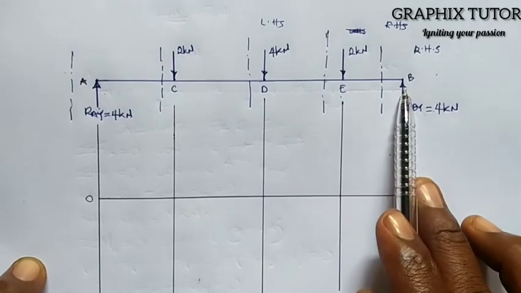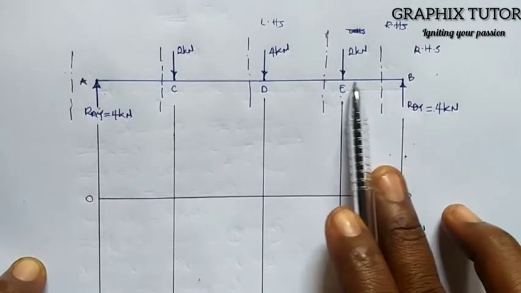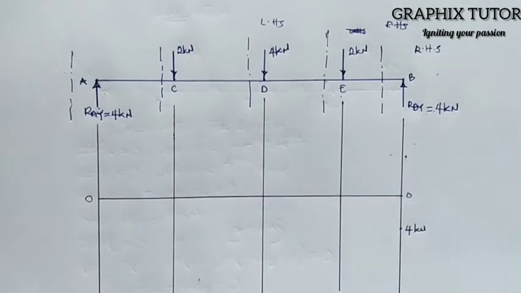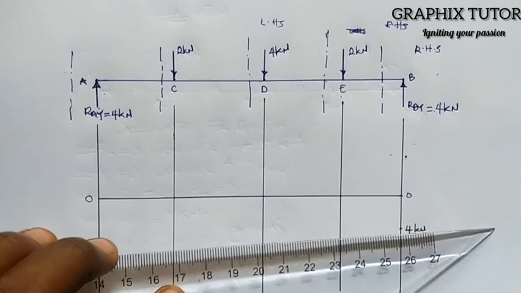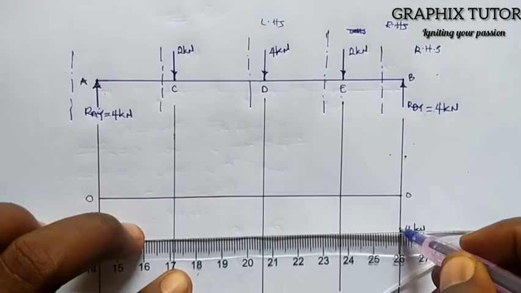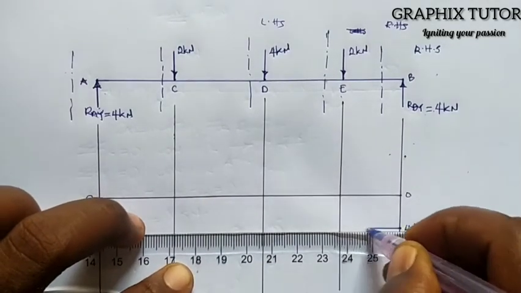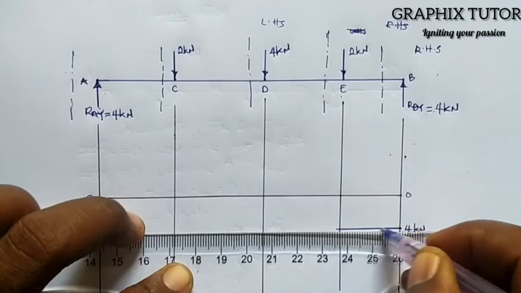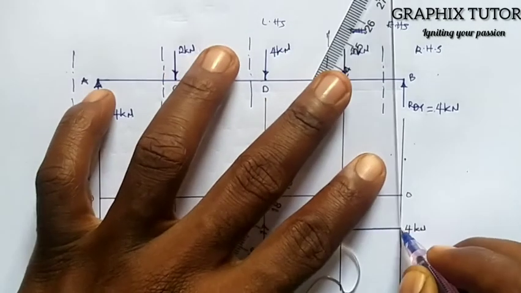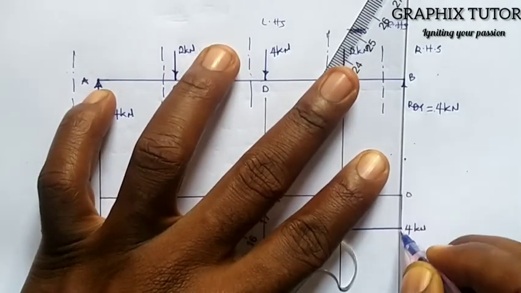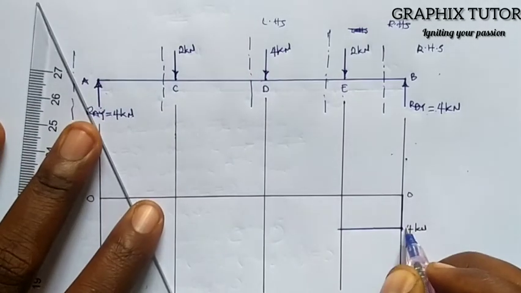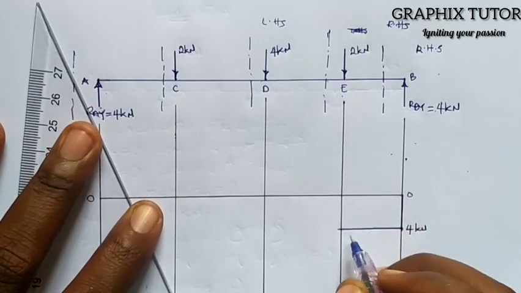But in between B and E, there is no force in between. So I'm going to use a straight line to represent that. So this will be my straight line from here to show that there's no force in between. So in between D and B, there is no force.